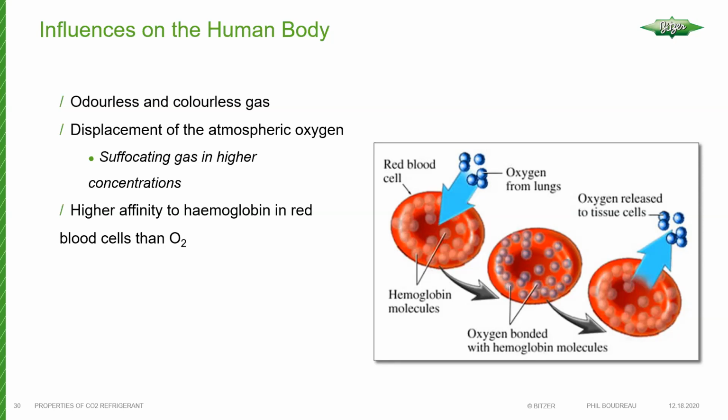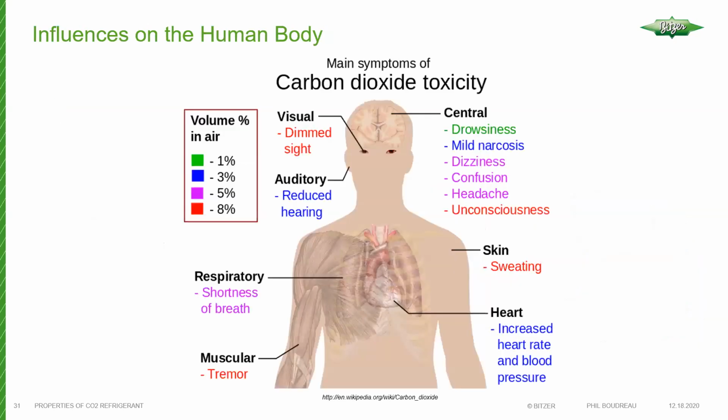And because it's odorless and colorless, it can be fairly hard to detect. Oftentimes it may only be the oil that you see as a mist. There are some influences as a result of the body not being able to take in oxygen as it needs it and get rid of that CO2.